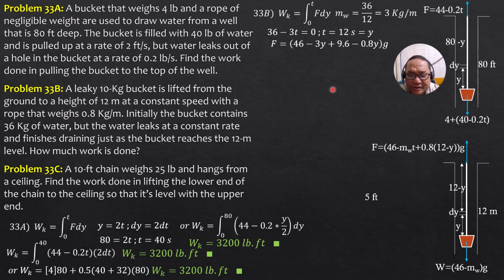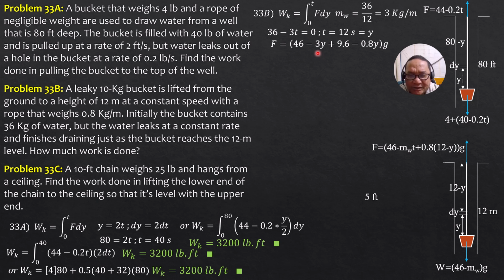So substitute F equals 46 minus the mass of water in general, which is equal to 3 kilogram per meter times Y, that is leaking out, then plus 9.6, where 9.6 here is 0.8 times 12, that's 9.6. By the way, time is also Y, so that means 12 seconds.